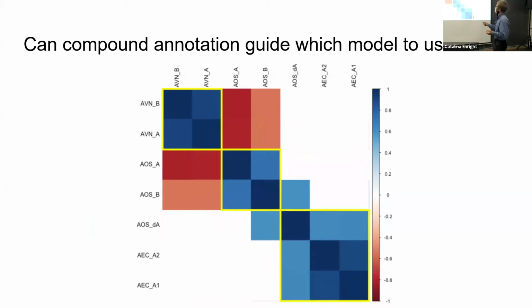And these are avenanthramides, avenocosides, and avenasins. And what you see is that compounds that have the same annotation, that presumably are part of the same pathway, have a high correlation of the ranking of the accuracies of these models. So if you have loci where you have detailed information, you can use that as a guide for which model to use.